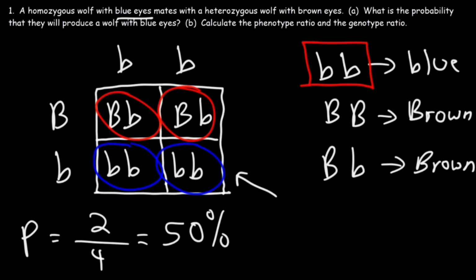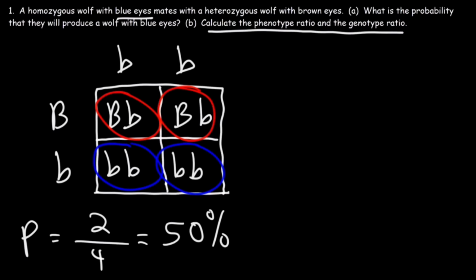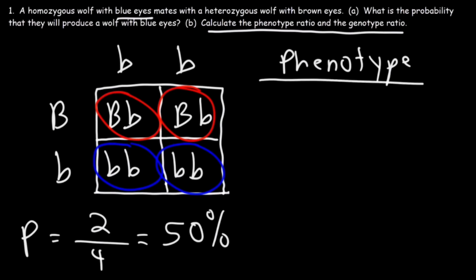Now, what about part B? Calculate the phenotype ratio and the genotype ratio. So let's make some space. Let's start with the phenotype ratio. We're dealing with the colors of the eyes, the physical characteristics, and there are only two colors to deal with. Either the baby wolves have blue eyes or they have brown eyes.